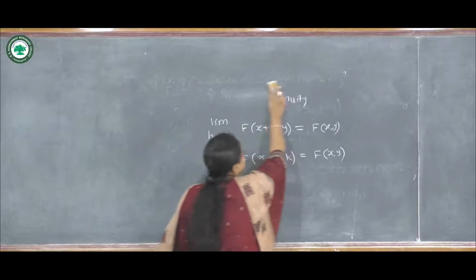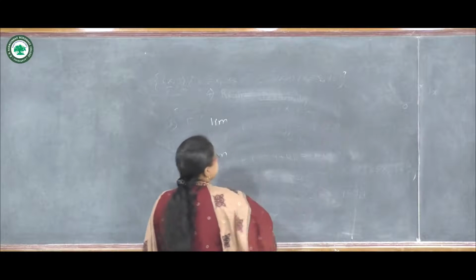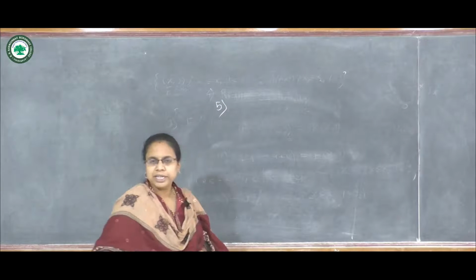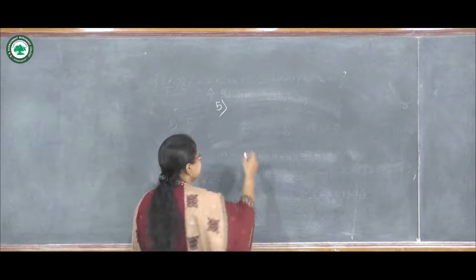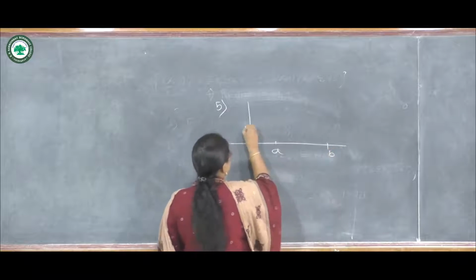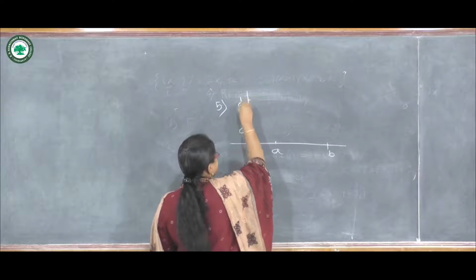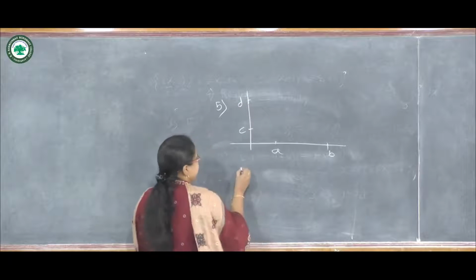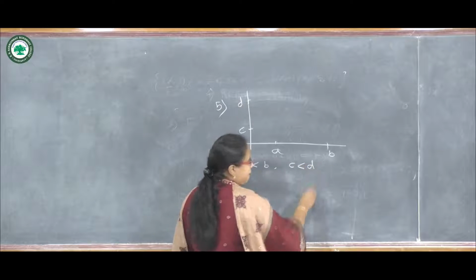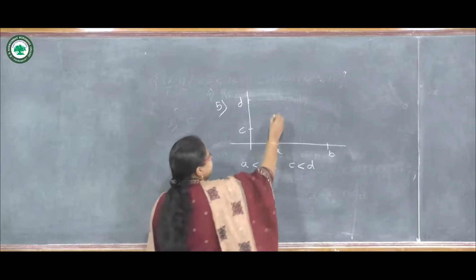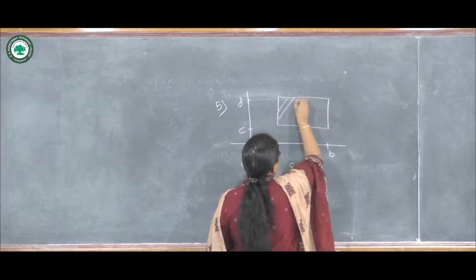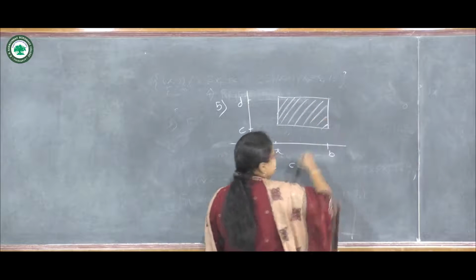The next property is property number 5. This property can be very well explained by using this graph. Suppose we are given that a is less than b and c is less than d. Then we can calculate this area by using the CDF. So we are interested in this area.